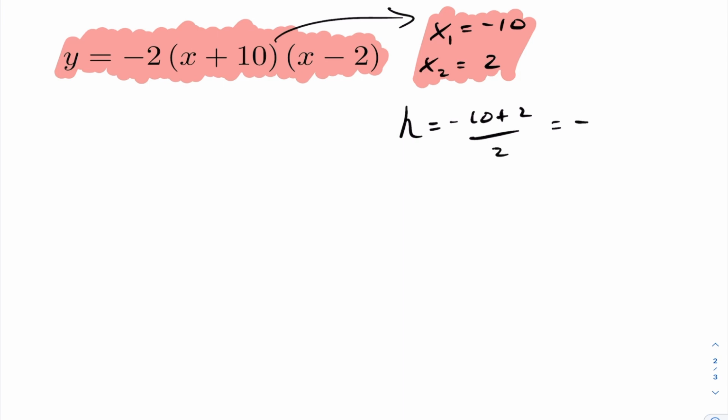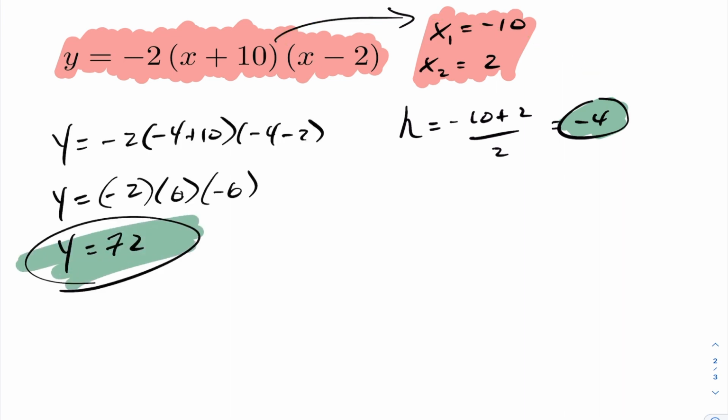So adding this up and dividing by 2, I get negative 4. So for this question here, my x-coordinate of my vertex is negative 4. I can sub that into my equation, just as we did in the previous example, to get my y-coordinate, and I end up getting here 72 for the y-coordinate of my vertex. So I know my vertex here is going to be negative 4 and 72.